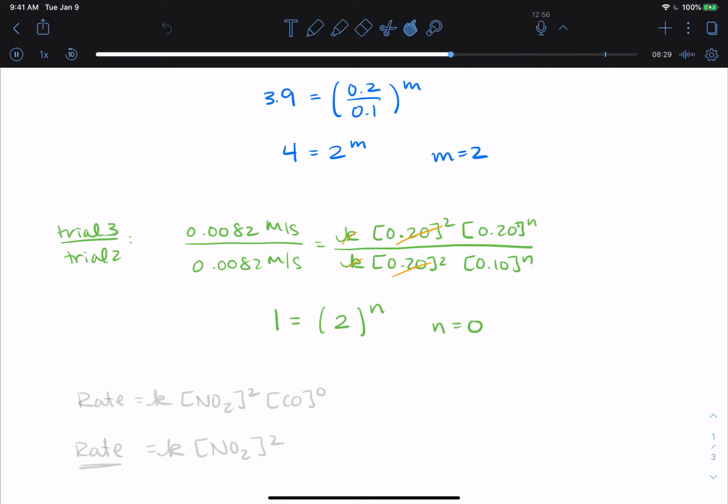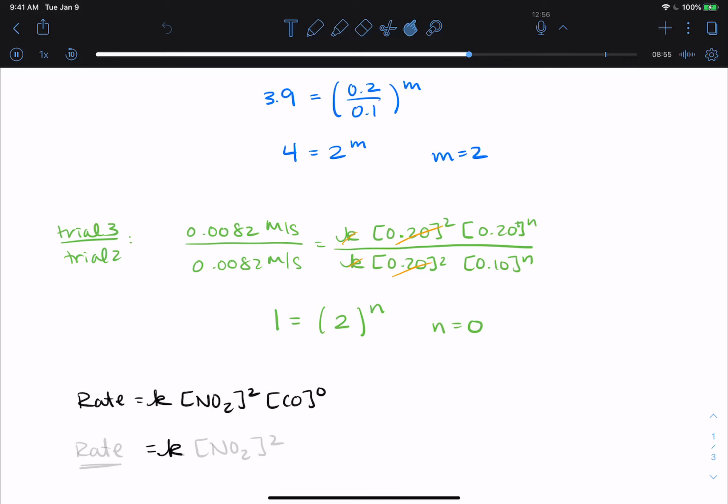So now that I have my orders, I still have to put them together to write the full official rate law for this reaction. And it is NO, is it NO or NO2? NO2 to the second power, and CO to the 0 power. So we're not actually going to write that in here.